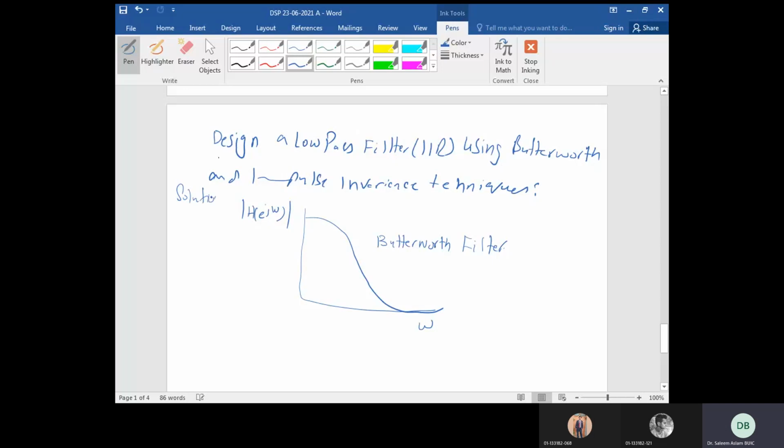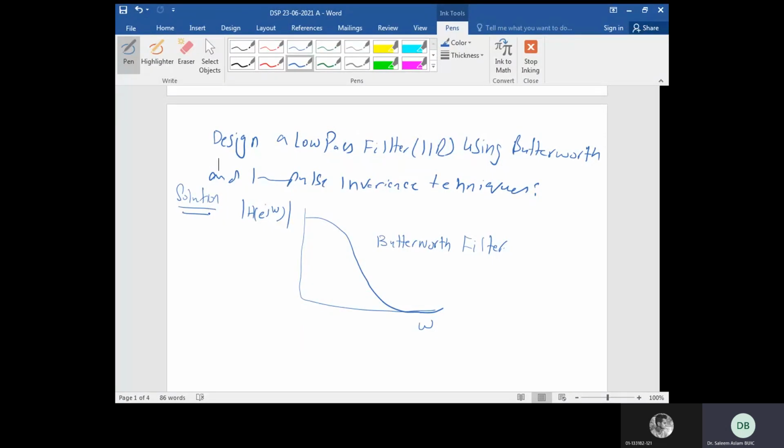So what do you infer from this representation? Butterworth does not allow pass band ripple, does not allow stop band ripple. So comparing Butterworth with elliptical and Chebyshev type 1, type 2, is it good or bad?